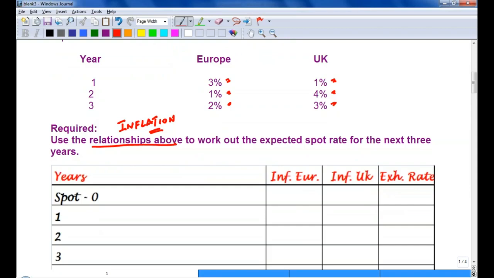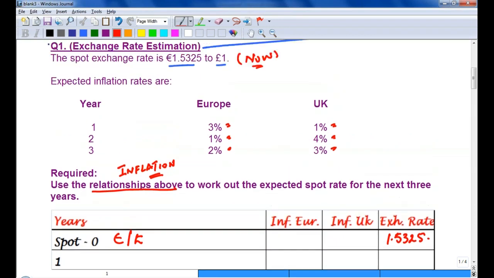Now the spot rate is given based on euro over sterling, and that is 1.5325. Year 1 inflation, this is the formula.